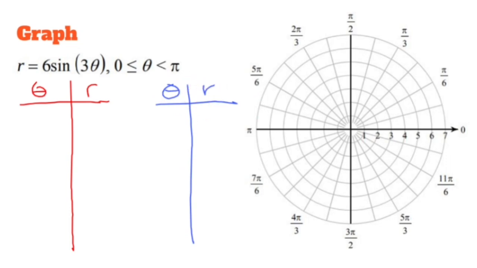All right. So I'm going to plug in 0. I'm going to plug in pi over 12, pi over 6, pi over 4, pi over 3, 5 pi over 12 and pi over 2.